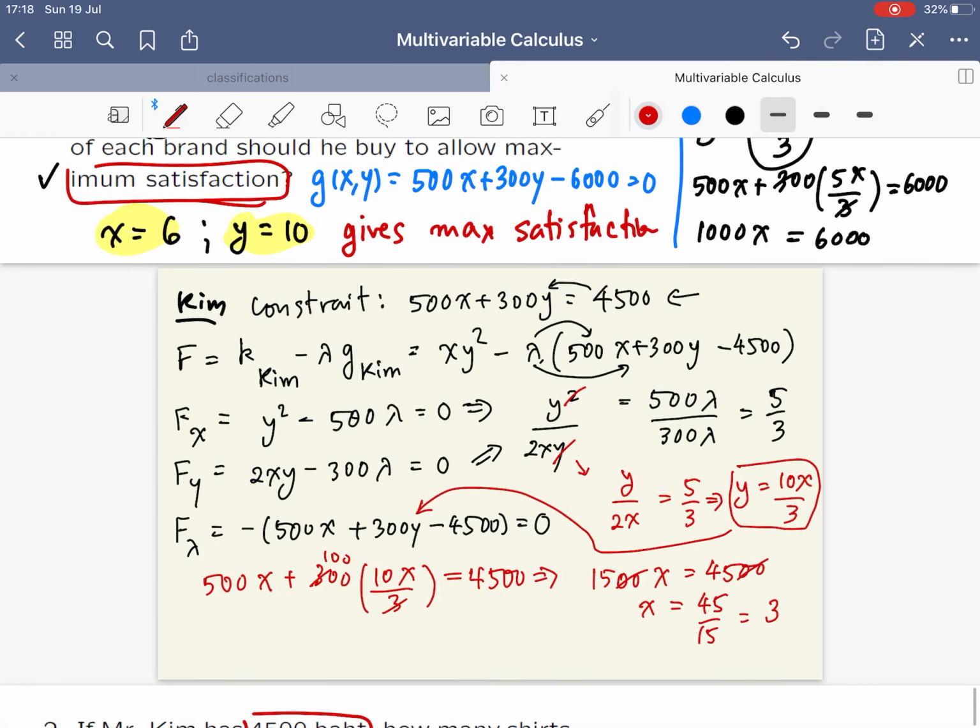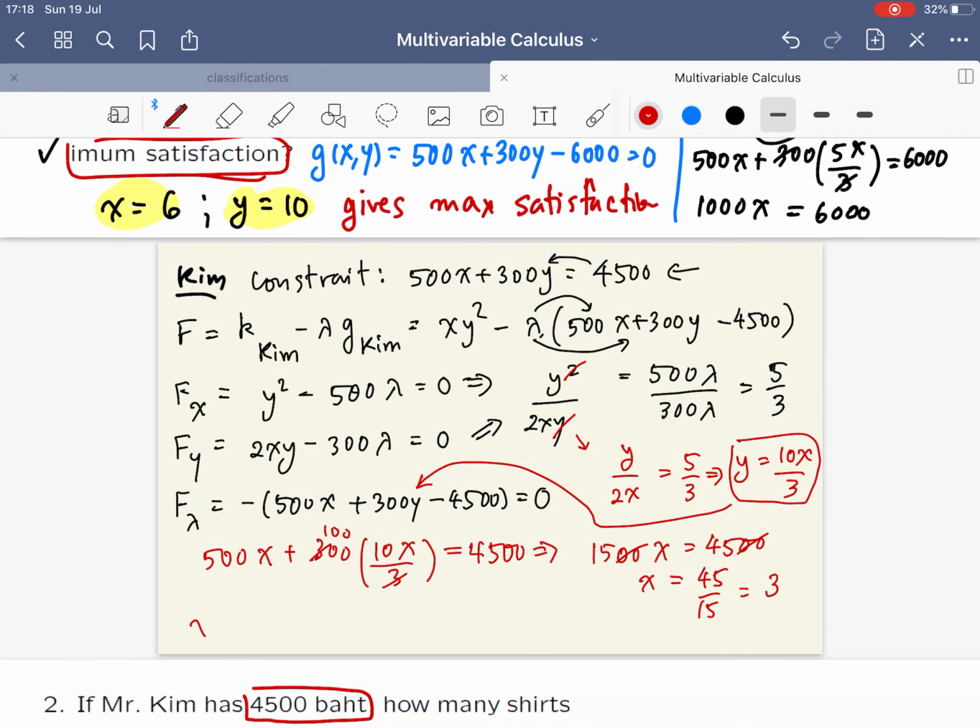As your x is 3, then you know that your y here is simply 10. So this is, of course, a critical point for the small k of Mr. Kim under his budget constraint.